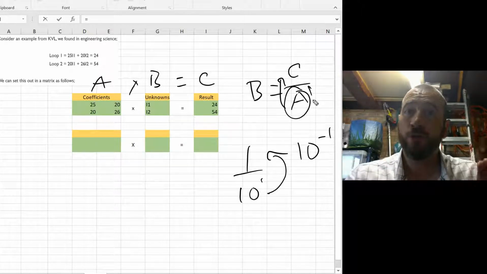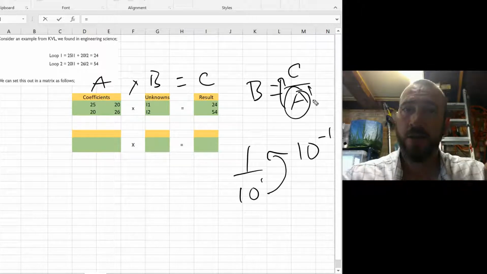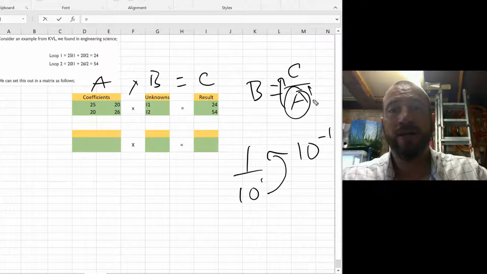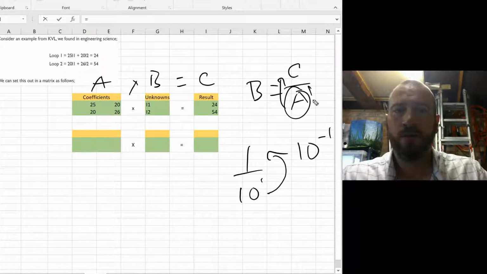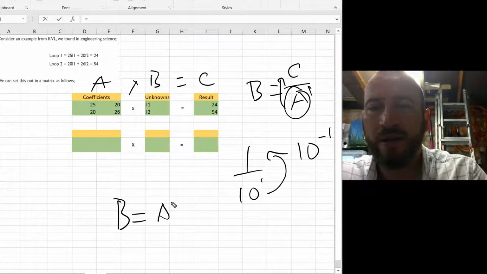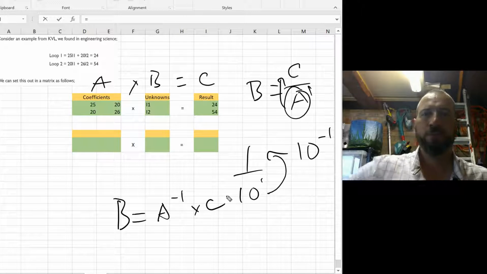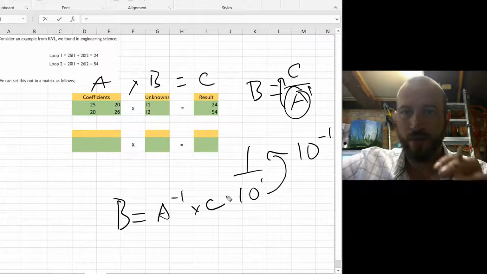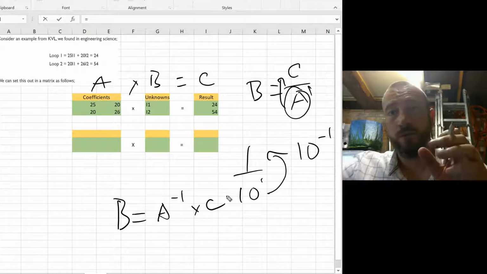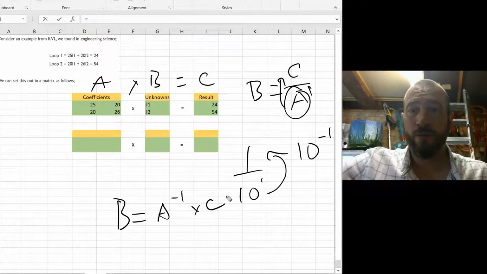Essentially we're going to take the inverse of matrix A, and then multiply it by matrix C. So instead we get B is equal to A to the -1 times C. And that will give us the solution for B, to find I1 and I2.